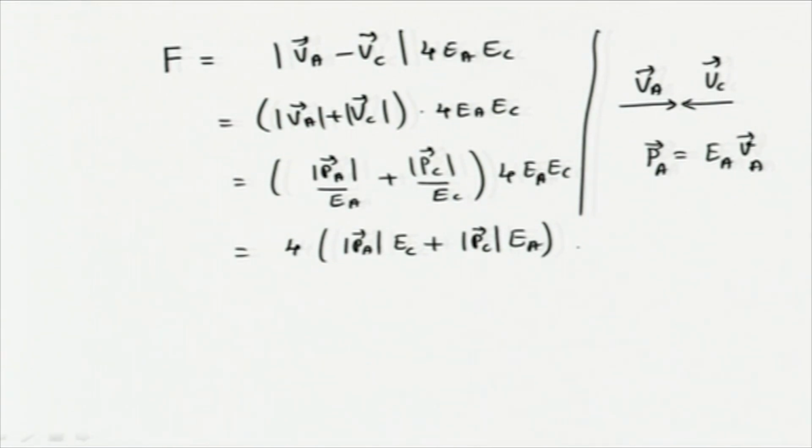Now we will go to a specific reference frame. Let me call it the center of mass frame, defined as the reference frame in which the sum of the 3 momenta of the initial particles, the initial states, is equal to 0.